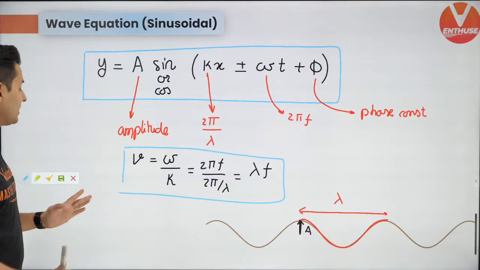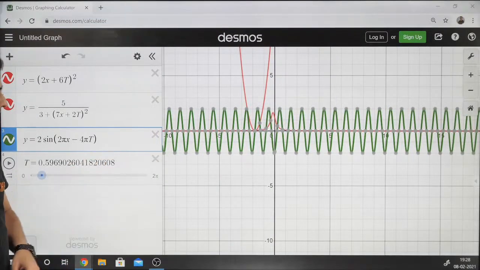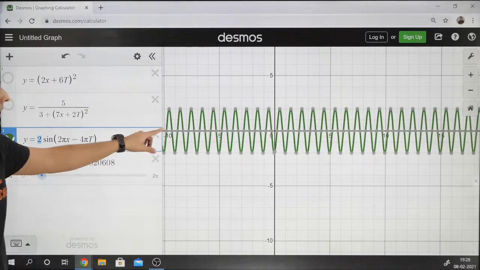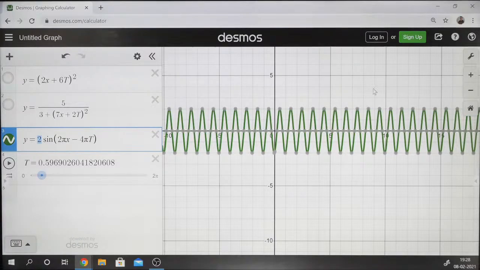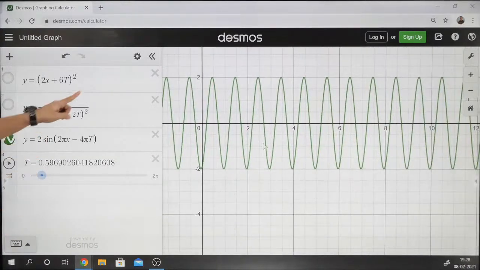Now, if this much is clear, let me show this to you. What exactly are we talking about? Let's come back to this graph. Hi Anish. Now observe what happens when I change each of these terms. Right now, if you notice, the amplitude of the wave is 2.